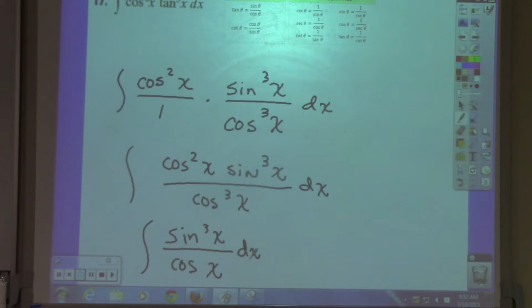Are you talking about changing the sine cubed into sine squared times sine? Is that what you just said? Yeah. That would work. Just like you did in the previous, but you've got some form of u du going is what I'm trying to get across to you. And that's what you want to get. So I would change the sine squared, which is 1 minus the cosine squared, and then work it out.